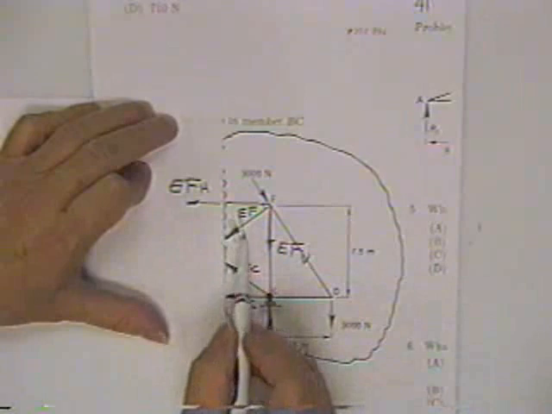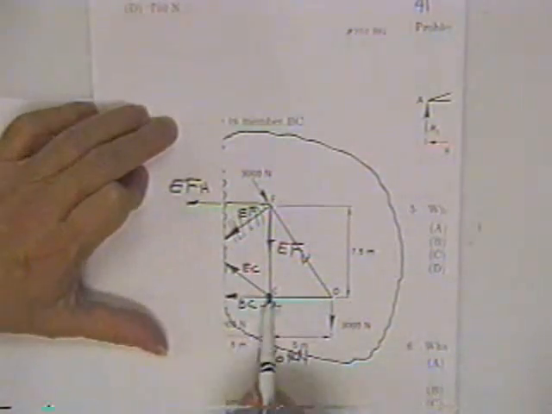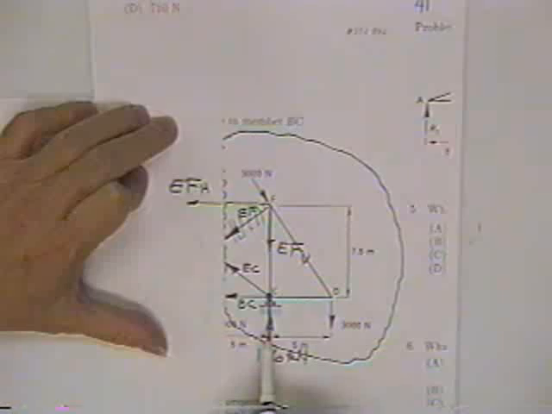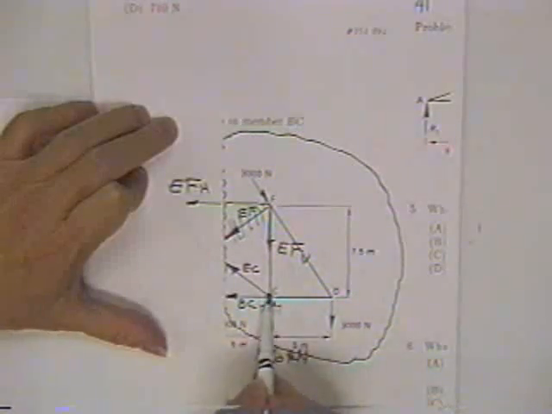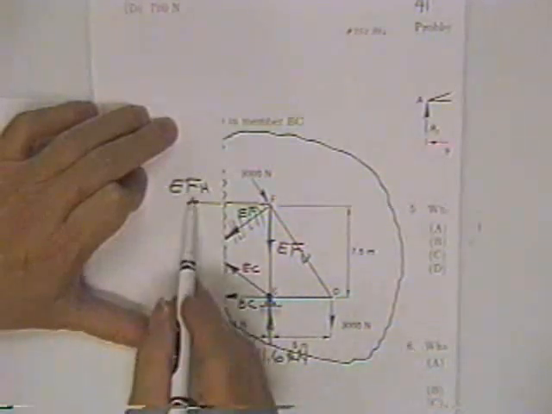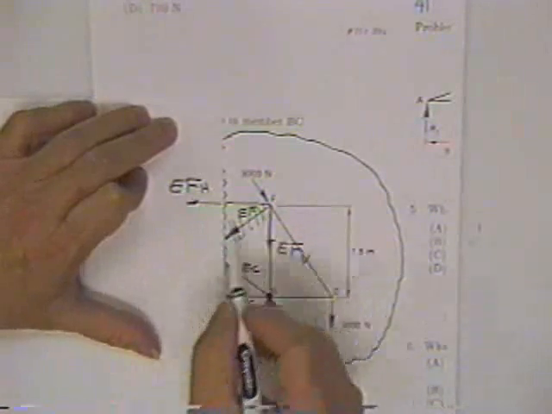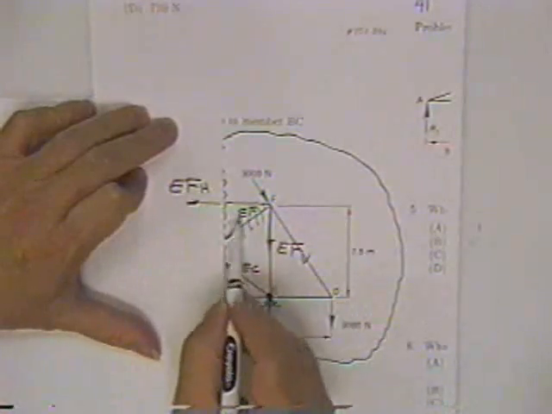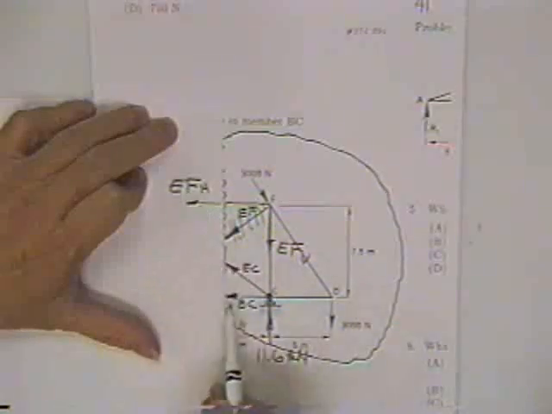When you do that, throw away the original EF and sum moments about C. You'll notice that's pretty nifty. EF vertical goes through C. All you have left is EF horizontal. Knowing EF horizontal, you can turn it into EF, because EF times the cosine of this angle has to be EF horizontal. You can work backwards to get EF.